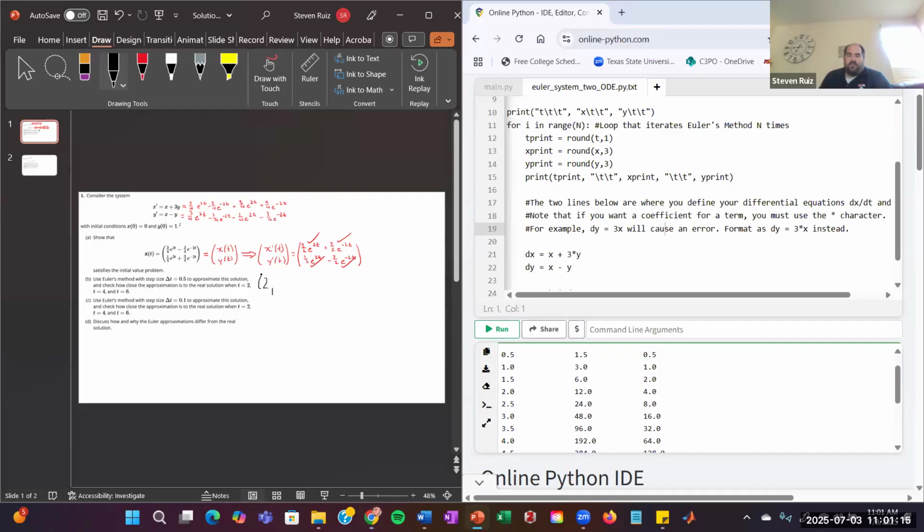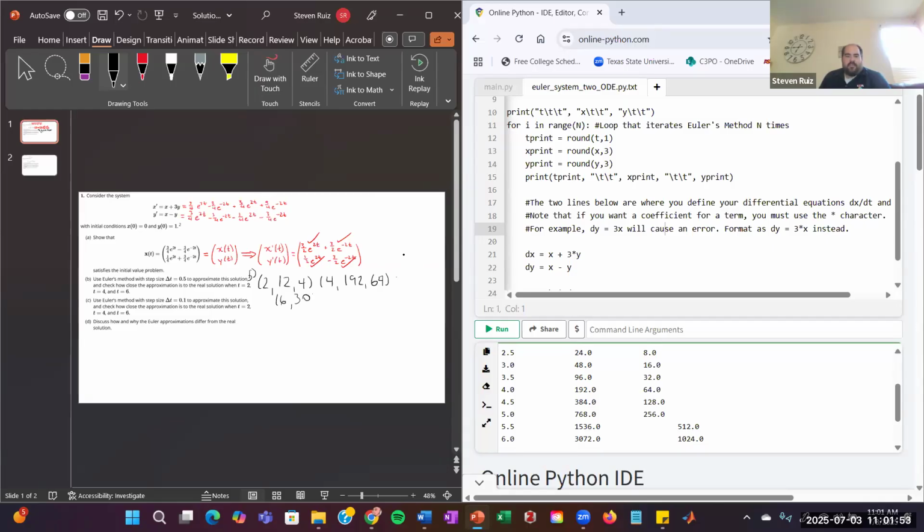I get 2, and then my x values are 12 and 4. When time equals 4, I get 192, 64. Looks like I'm getting integers. And finally, at time equals 6, let's just give up the delusion of trying to fit that on one line. Okay, so part B is right here.